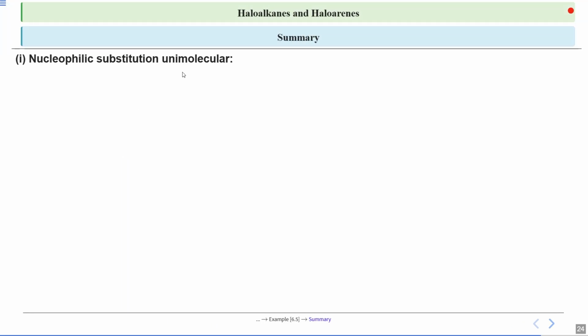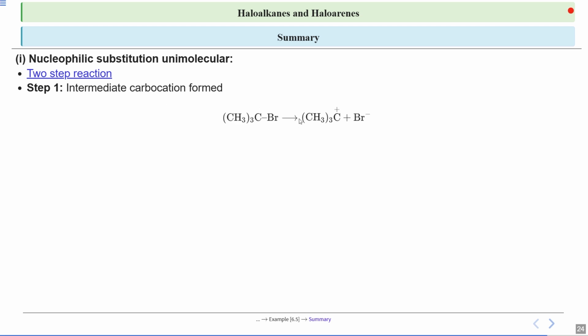If we talk about nucleophilic substitution unimolecular, we have seen that it is a two-step reaction. Step 1 includes the intermediate carbocation formation, and the leaving group is removed from the reaction. In this example, bromine is attached to a tertiary carbon, and you form a tertiary carbocation plus bromide, which is the leaving group.